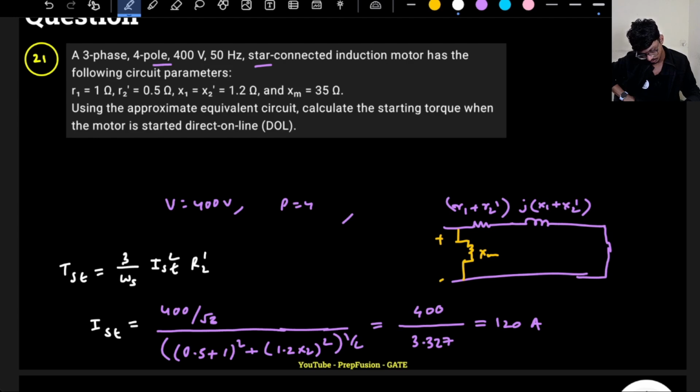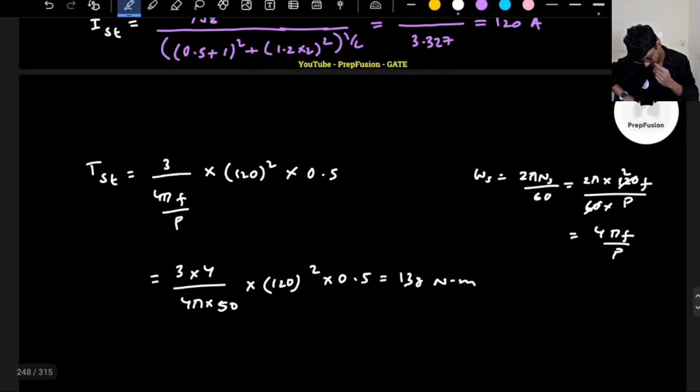So into root 3, then into 400, 120.2 amperes whole square into 0.5, okay, into 3, this comes out 21,600. Now 2 pi, 4 pi, so this will become 2 pi something, right? So divided by 4 into pi into 50 into 4, it's coming 138 only. I don't know. Okay, it's coming 113 only.